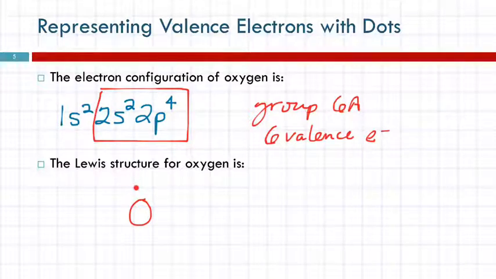Making those dots can be a little bit of a pain. 1, 2, 3, 4. So that's top and bottom, right and left, and then some are going to have to be paired up. So there I have 6 dots. That's the Lewis structure for oxygen.